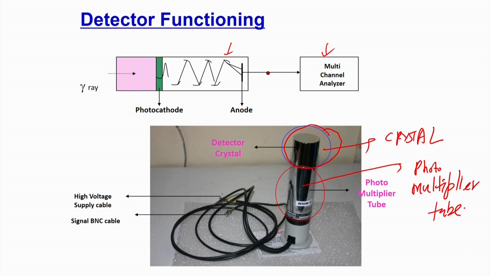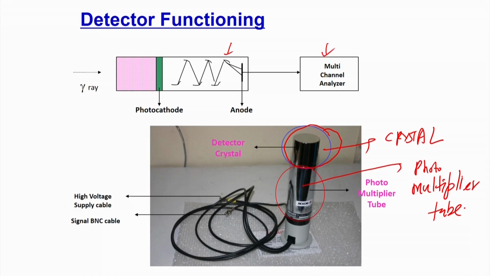That electron passes through this photomultiplier tube, which has several dynodes placed to enhance the signal, and it reaches the anode. Once it reaches the anode, it generates a pulse, a current signal, and that pulse or current signal is counted by a counter which is placed after the detectors.